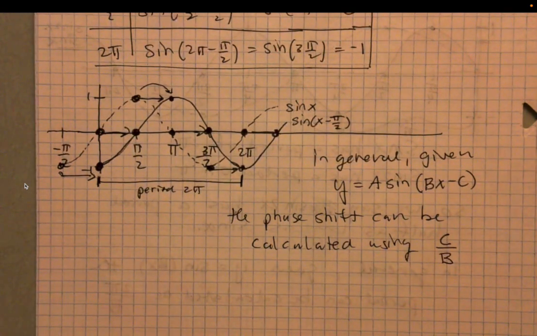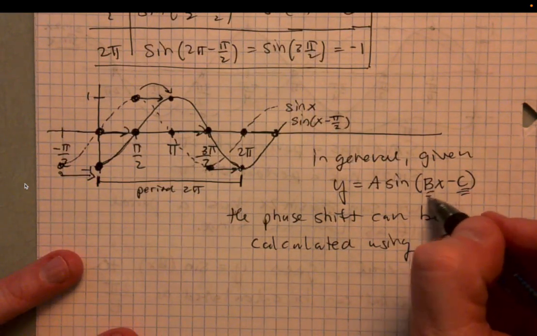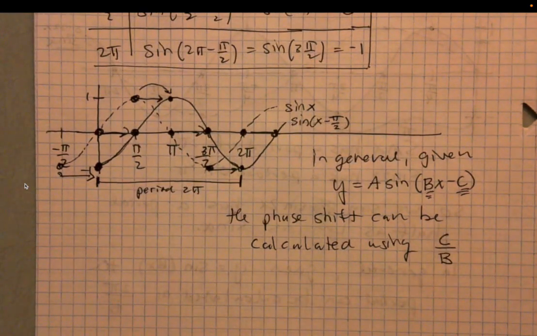Whatever c happens to be, you divide that by b, and that'll tell you what the phase shift is. If b is not equal to 1, then b plays into how the phase shift plays out. But if b is equal to 1, then it's really just c that is the phase shift.